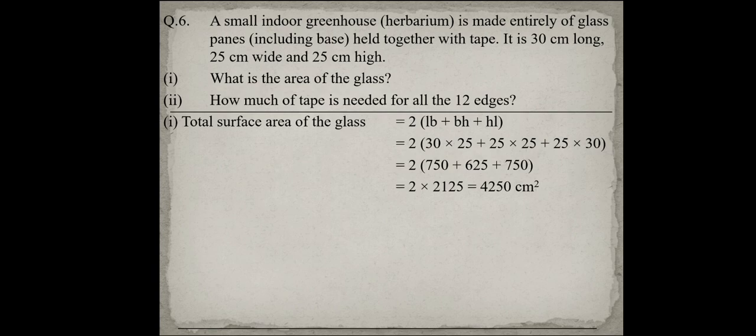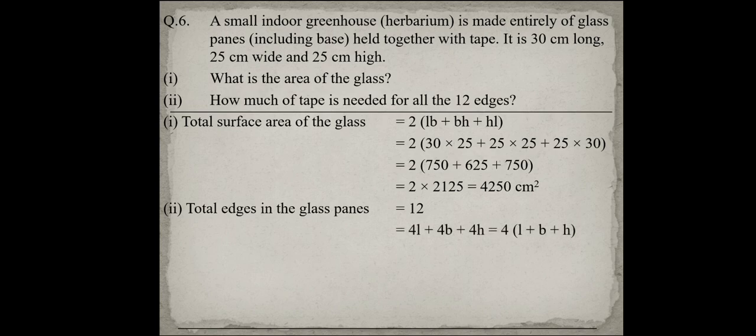When you put all the sides together, you need to tape it. Now see, the total edges in the glass panes are 12, because the length edge is 4 times, the breadth edge is 4 times, and the height edge is 4 times.